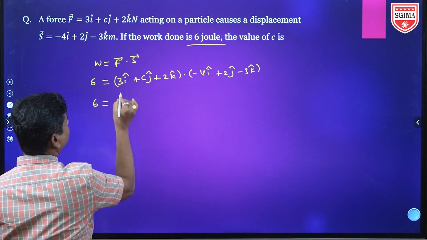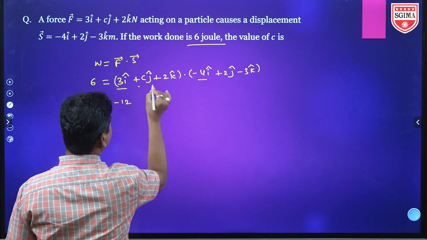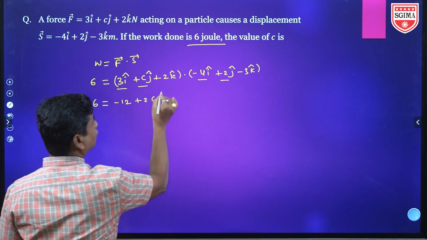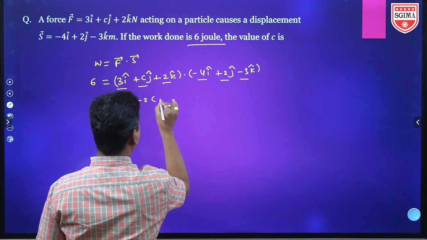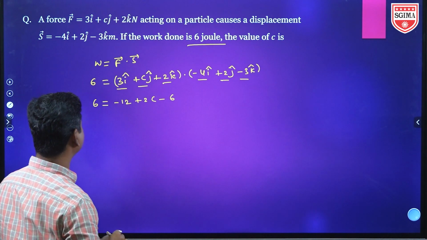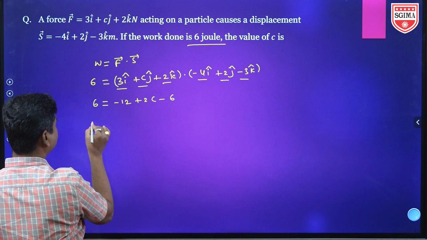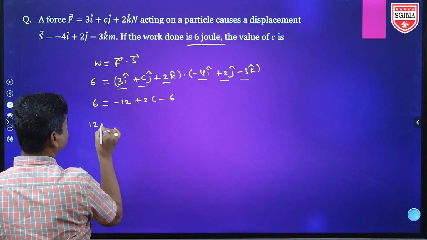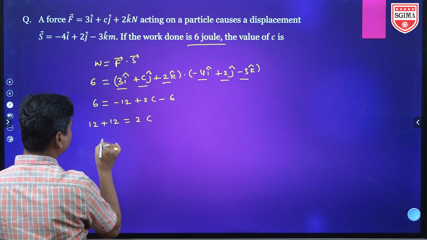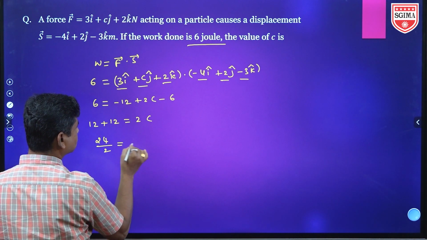Now 6 equals, 3 and minus 4, minus 12, then C and 2, plus 2C, then 2 and minus 3, minus 6, plus of minus, minus 2 into 3, 6. Here 6 plus 6 is 12, this minus 12 becomes plus 12, equal to 2C. It is 24 upon 2 equal to C.